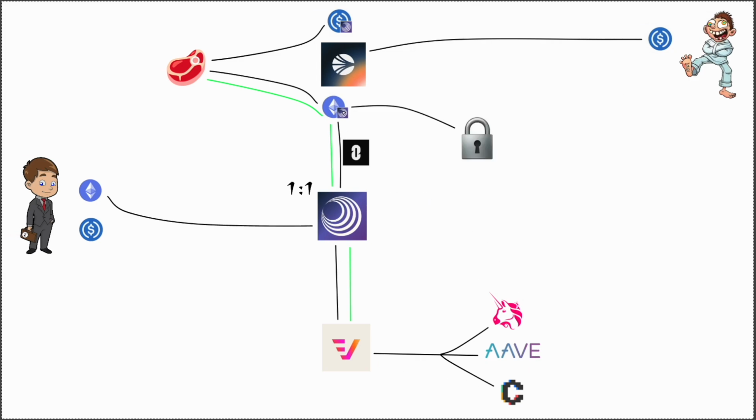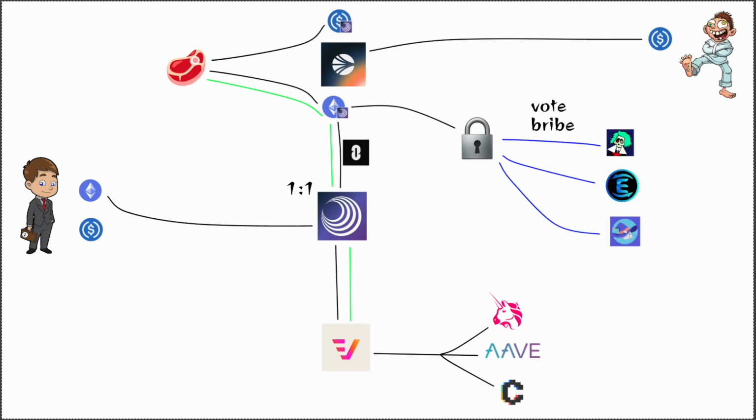Moving on, another option, you can take those assets and lock them into a veNFT, and obviously if there's a veNFT there will be voting and bribing. So all the protocols up on Sonic might bribe you to vote for their specific protocol, and you would vote according to the bribes or whatever you feel, and maybe you're just really bullish on one of these protocols, so you vote on it regardless of bribes.